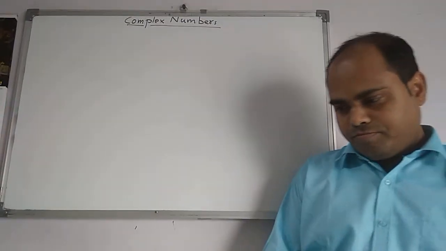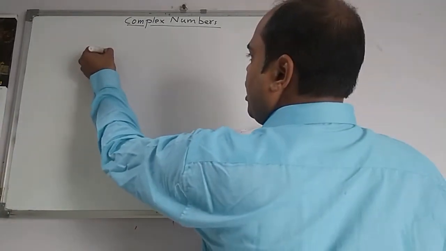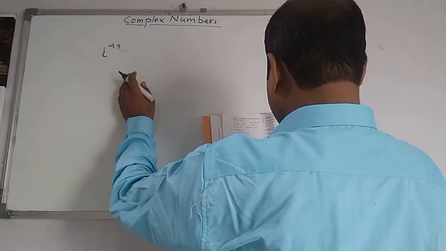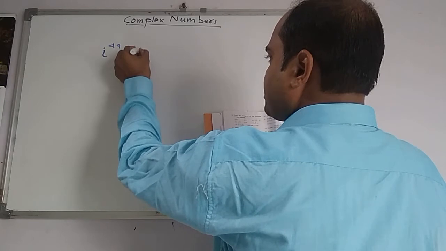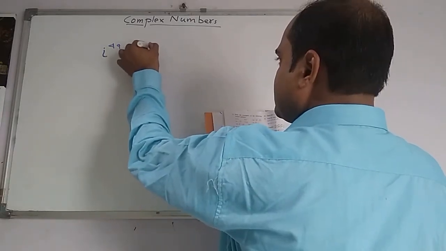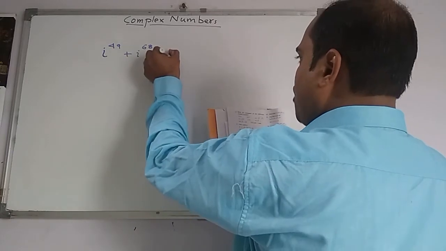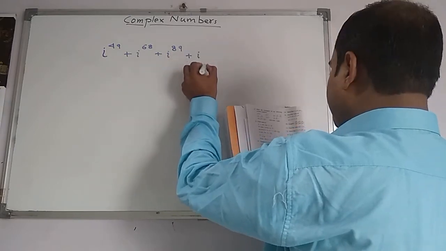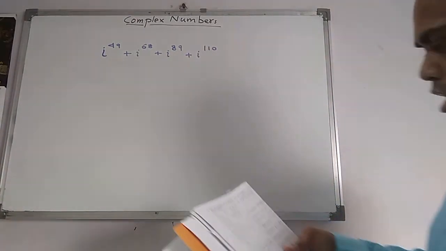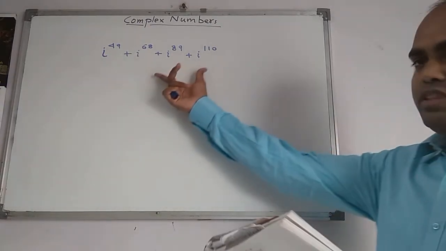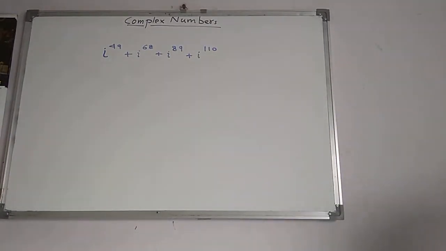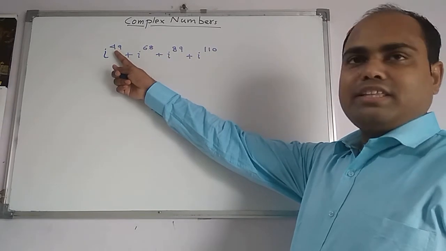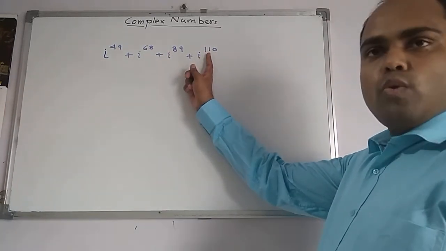Let's try one question. Iota raised to 49 plus iota raised to 68 plus iota raised to 89 plus iota raised to 110. Okay, and we have to find the value of this expression. So here the power of iota is 49, here 68, here 89, and here 110.